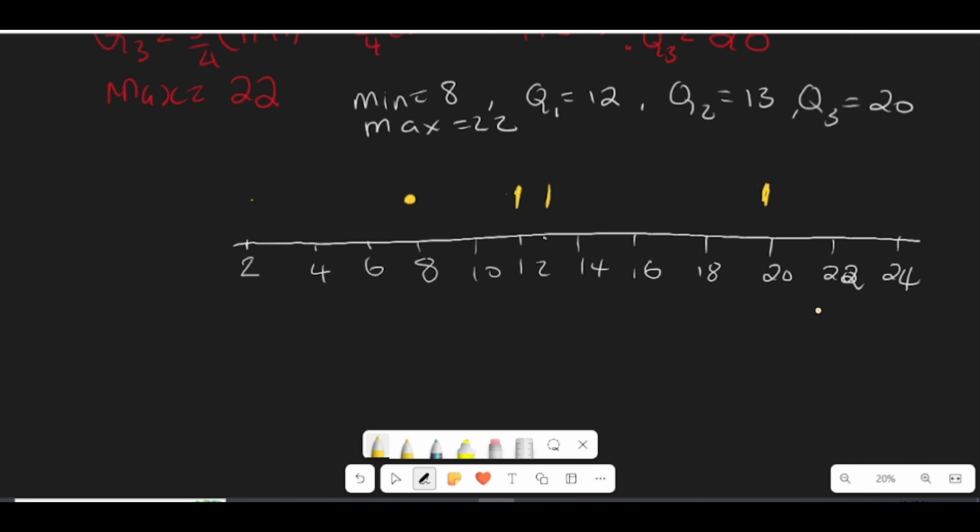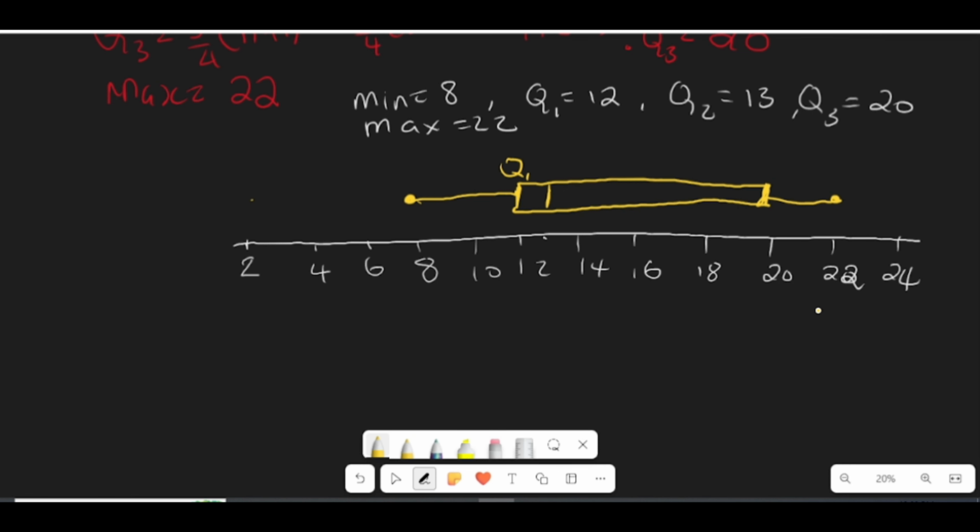Now the maximum is 22. Let's put on the whiskers here. Yeah, there you go. Let's do our box. It's very difficult to draw with this tablet, but I'm doing my best. There you go. There's our box and whisker diagram.